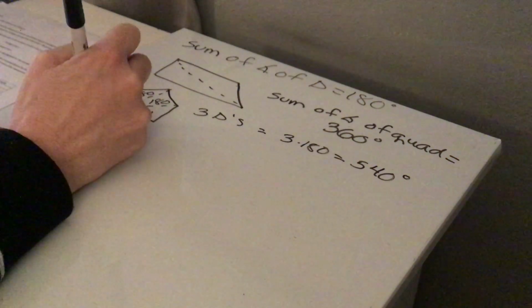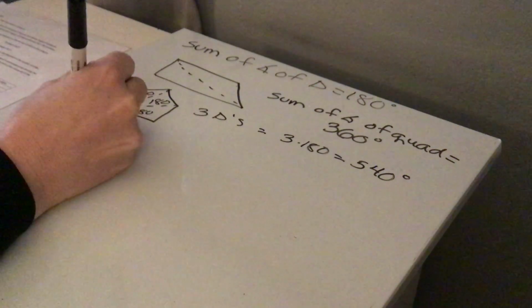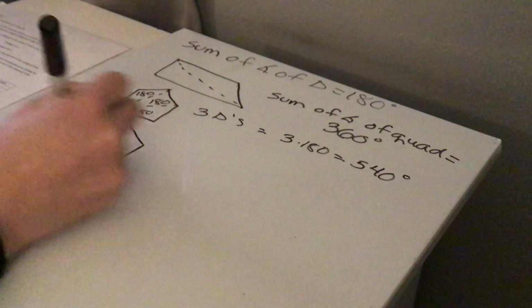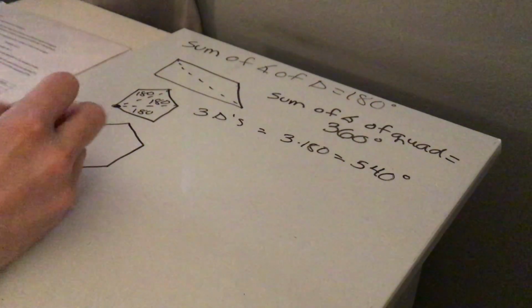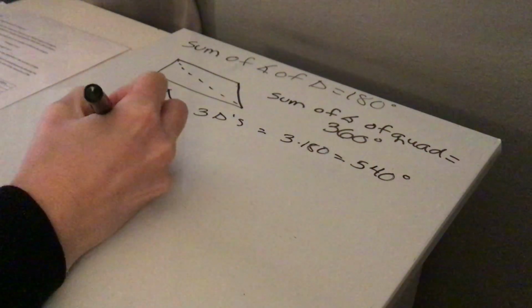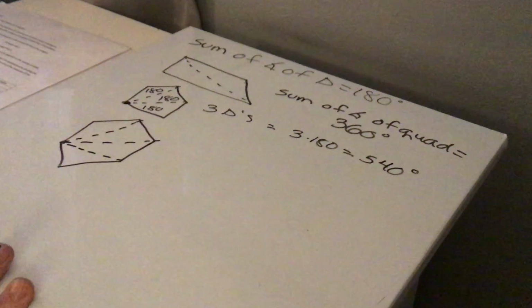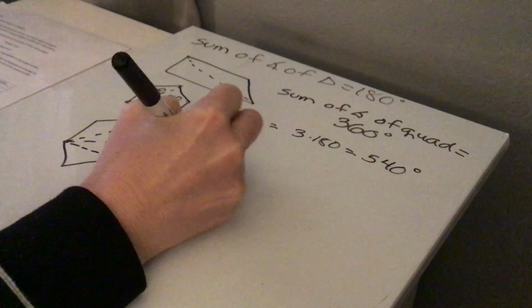Okay, well, if I take a hexagon, so that's 6 sides, right? So 1, 2, 3, 4, 5, and 6. Okay, draw on my diagonals. Here I get 1 diagonal, 2 diagonal, 3 diagonals, and I end up having how many triangles? Well, there's 4.